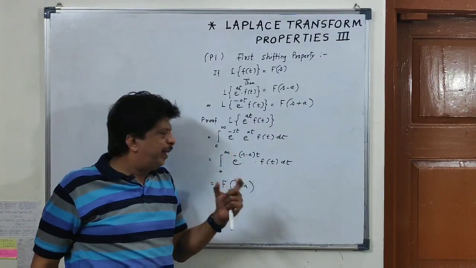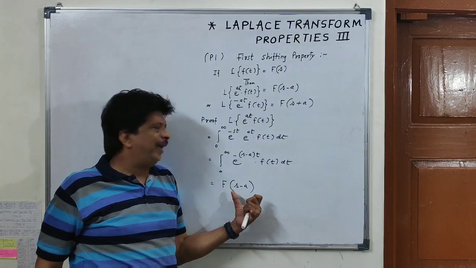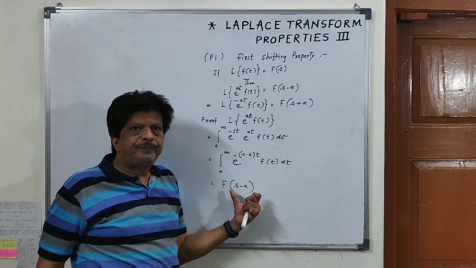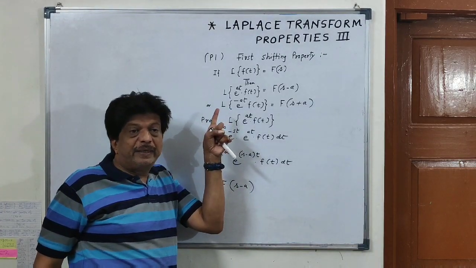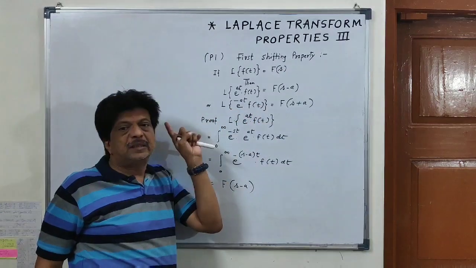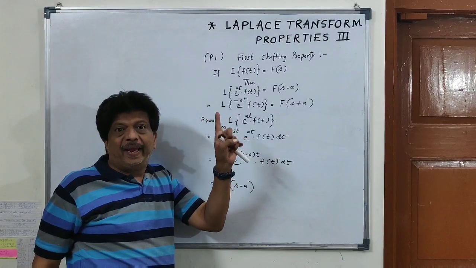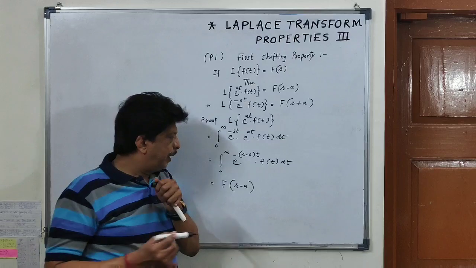So it can be denoted by capital F of s minus a. Similarly, we can prove this: Laplace transform of e raised to power minus at f of t is F of s plus a.